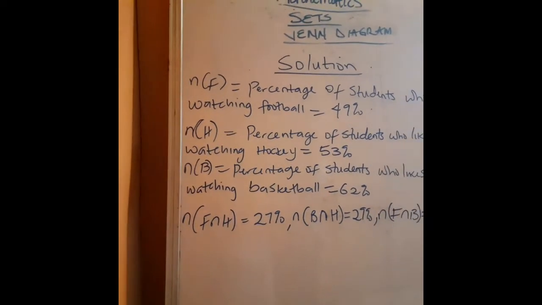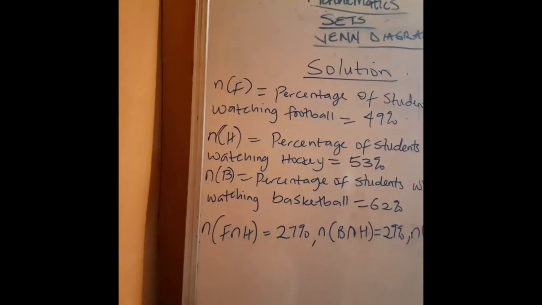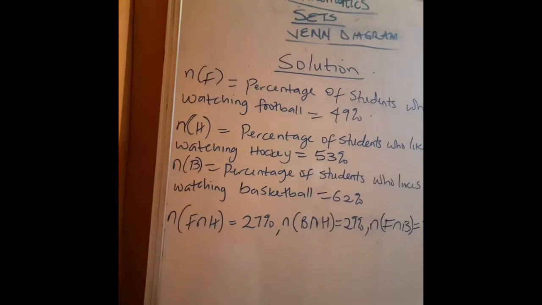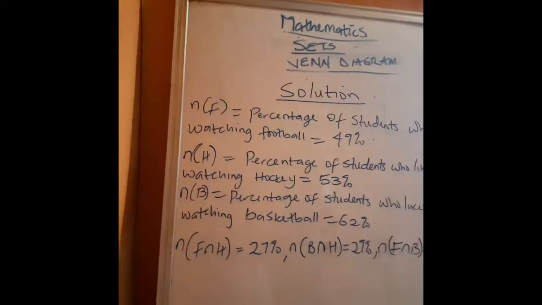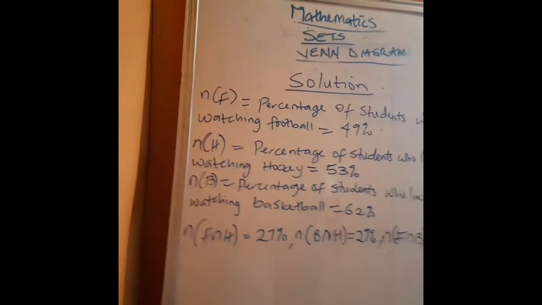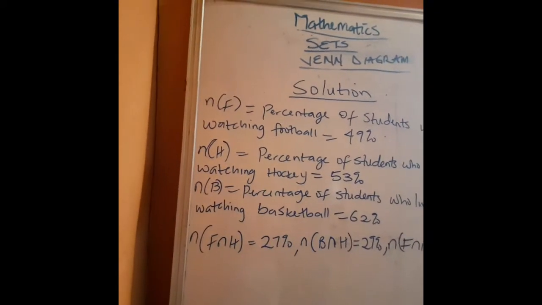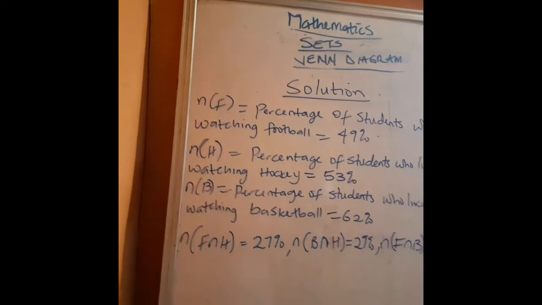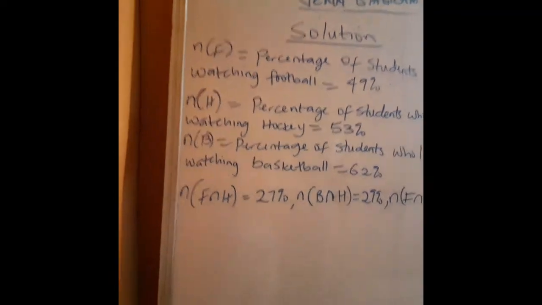So you know that 5% is outside, and the whole of our universal set is 100%. So when it says 5% does not like all three games, that means 95% of students, the union of all games there is 95%. I hope you understand.